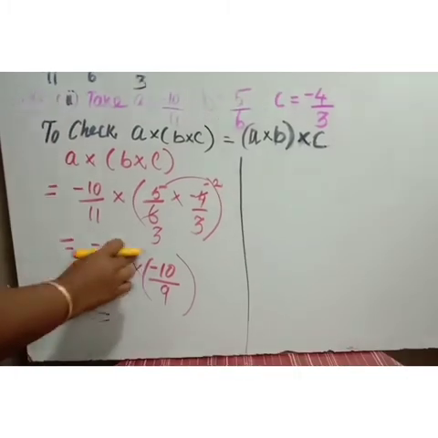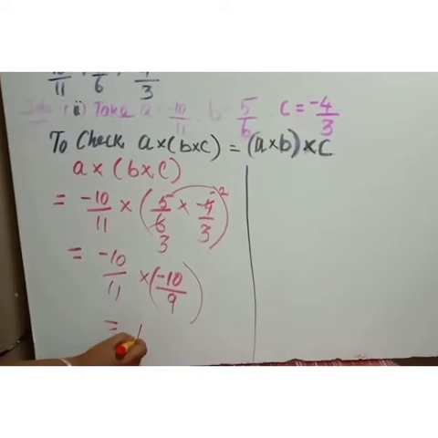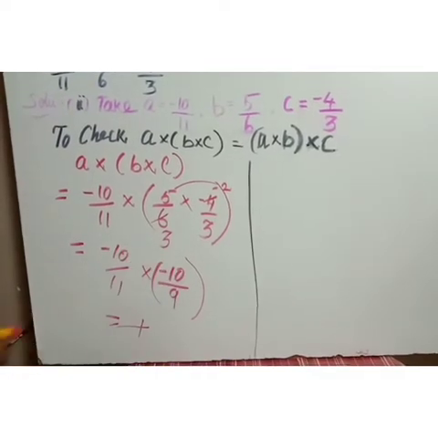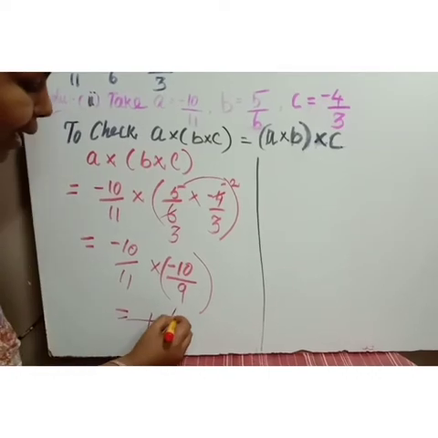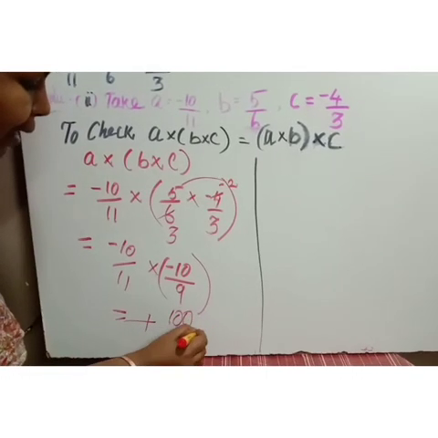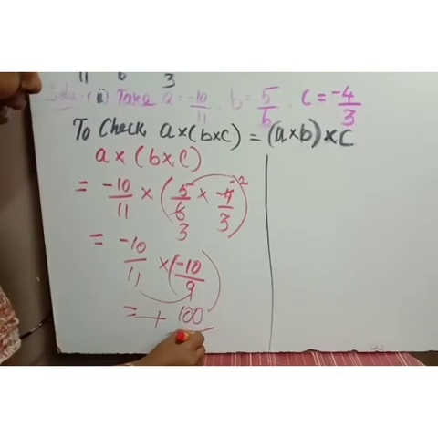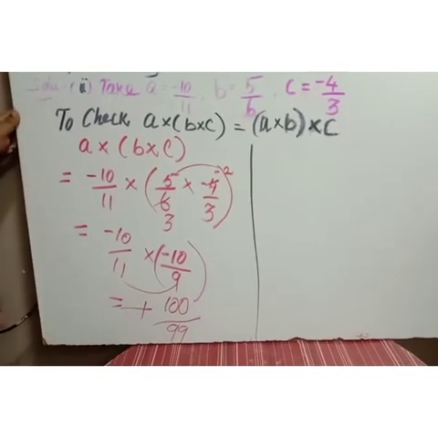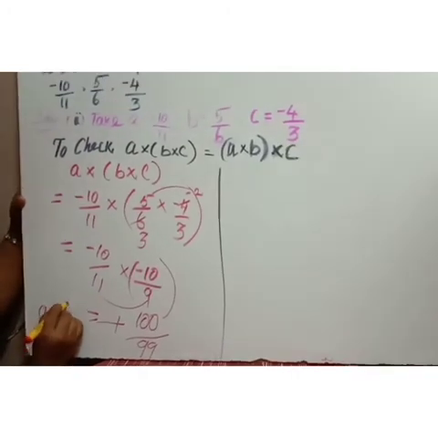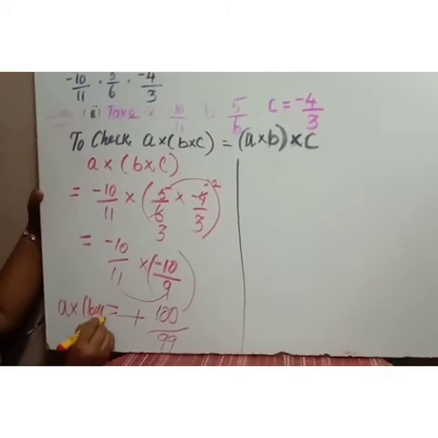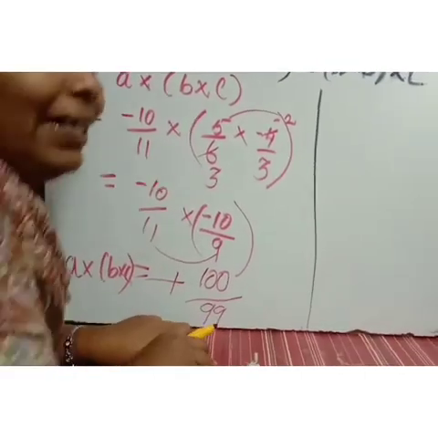Minus into minus is plus, 10 tens are 100, divided by 11 nines are 99. So the answer of A × (B × C) is plus 100 divided by 99.